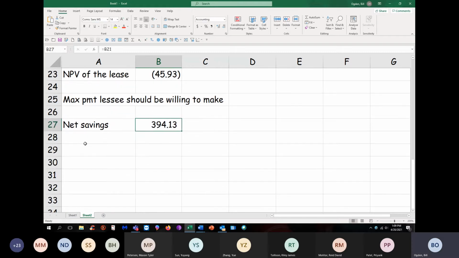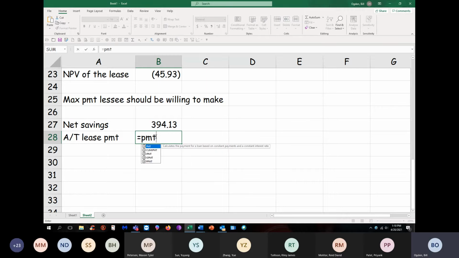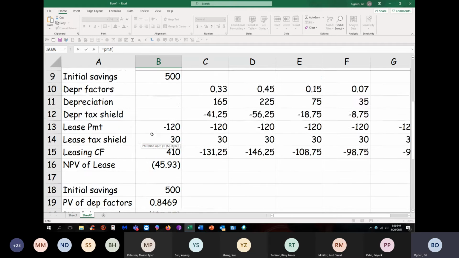All right. We will convert that to an annuity. So this will be our after-tax payment. Right, so we will convert this number to a 6-year annuity. Okay, let's do that. So it equals payment, rate, as always.